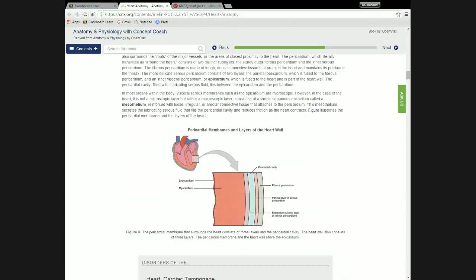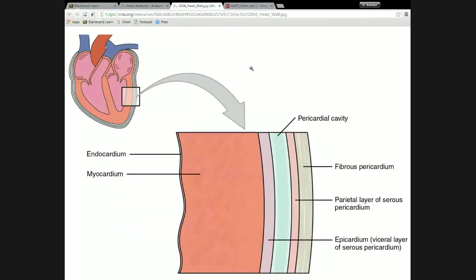Now, something I didn't address in lab is the tissue structure of the heart. The heart, as I've already said, is found in what's called the mediastinum, the space between the 2 lungs, along with some other organs like the trachea and the esophagus, and the aorta, et cetera.